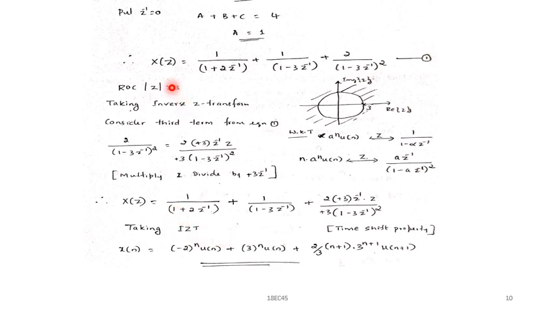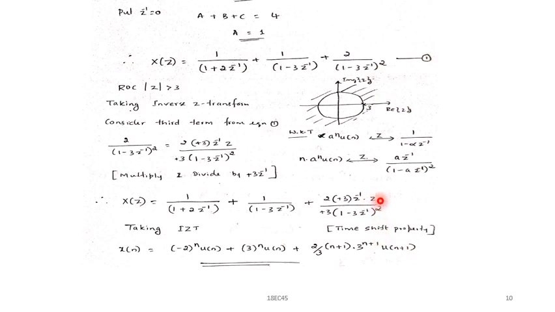For the ROC, the magnitude of Z is greater than 3. Therefore, x of n I'll get as minus 2 to the power n into u of n, because a is equal to minus 2 here, plus 3 to the power n into u of n, the right sided sequence, and 2 by 3 n into 3 to the power n u of n.